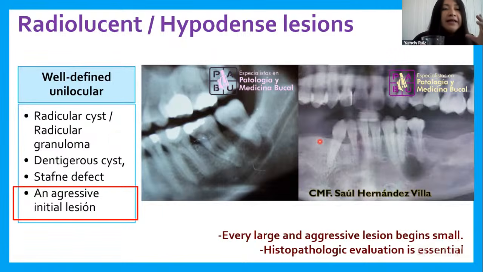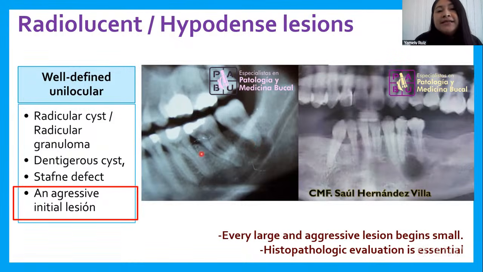At the beginning, those lesions were small lesions. And sometimes these entities were confused with other lesions, as I saw before, like radicular cysts, radicular granulomas, or even dentigerous cysts, because these entities start small, they don't start big or huge.